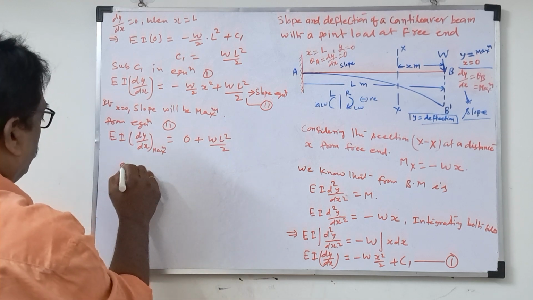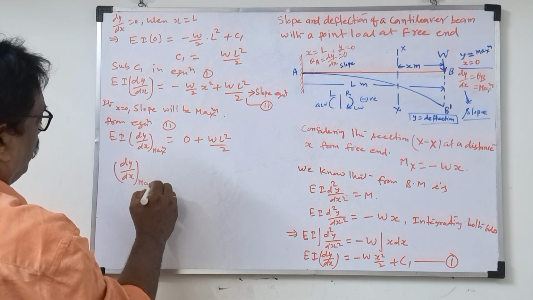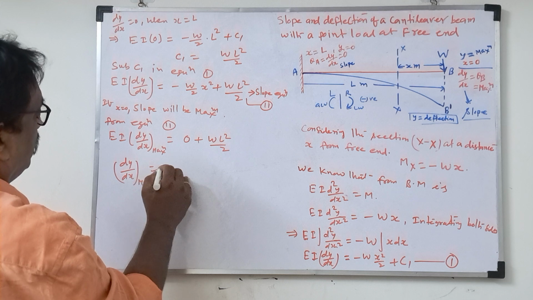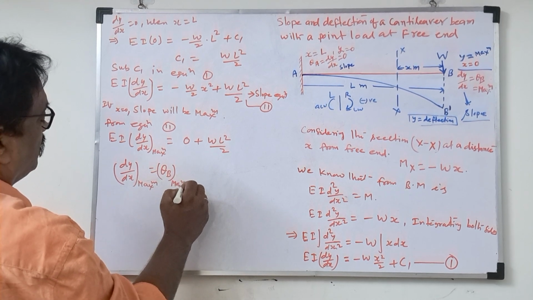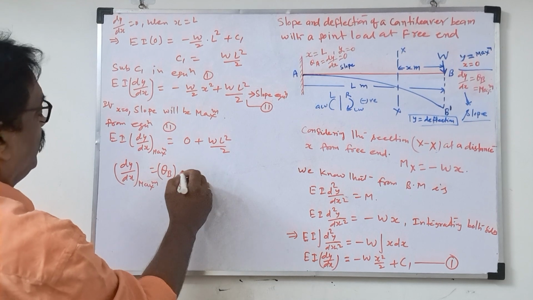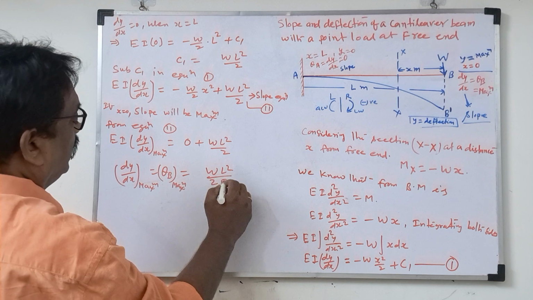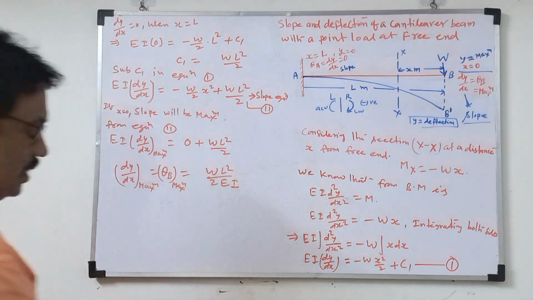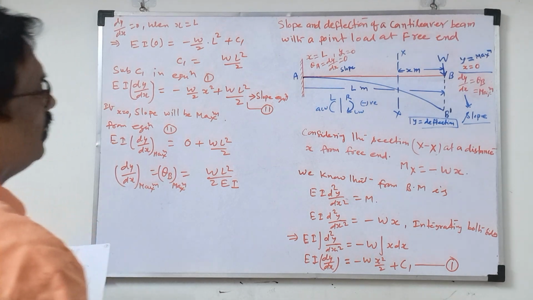So finally, dy by dx maximum, at point B, is theta B, the symbol for this slope. So theta B maximum equals WL square by 2EI. This is the equation of the slope that we got.